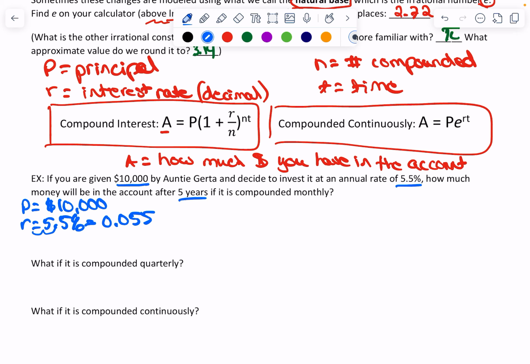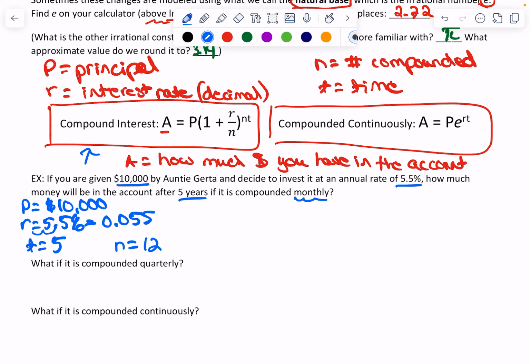Time is 5. And compounded monthly, so how many months do we have in a year? 12. Now we're going to plug it into this first formula, since it is compounded monthly.